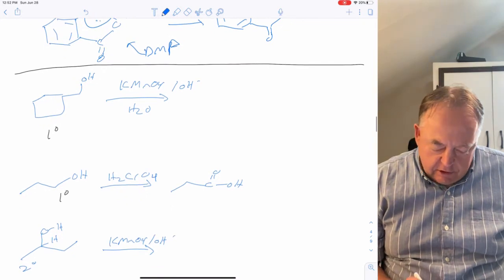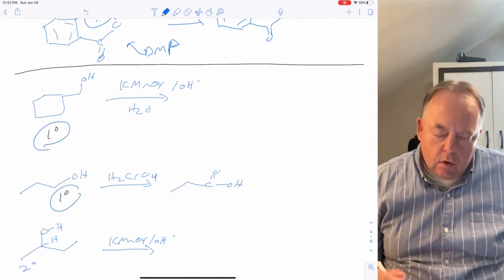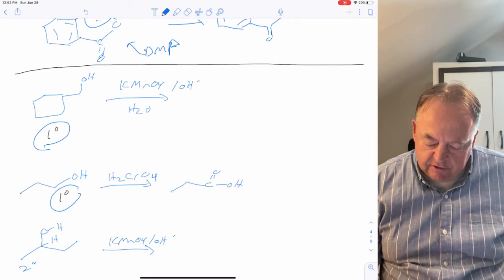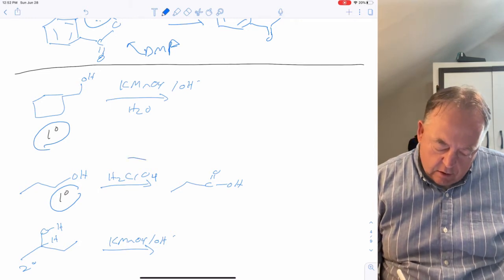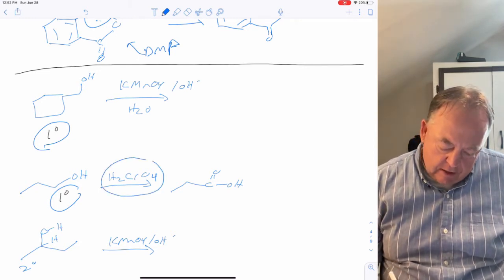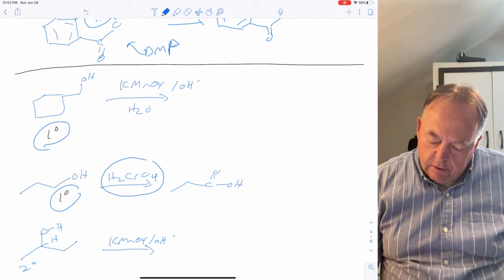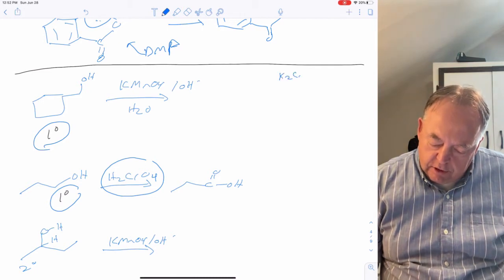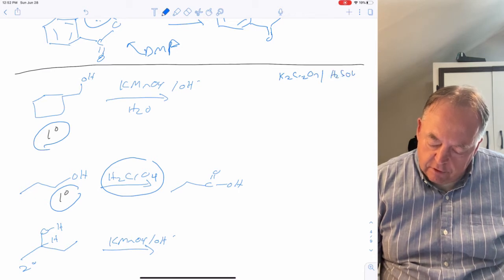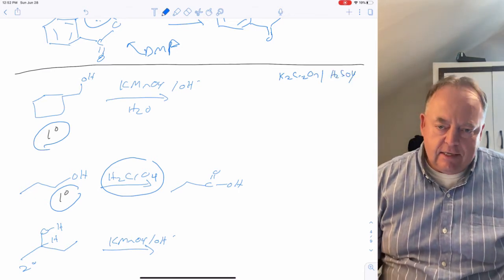Okay, so again, it's important to note if you have a primary alcohol what the oxidizing agent is, because if it's something like KMnO4 or H2CrO4, or the other one we saw was K2Cr2O7 and H2SO4, these are all very strong oxidizing agents.